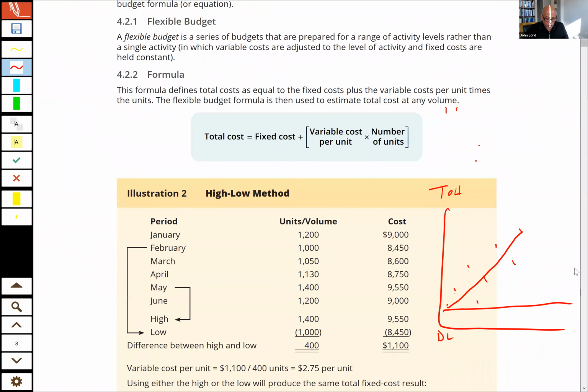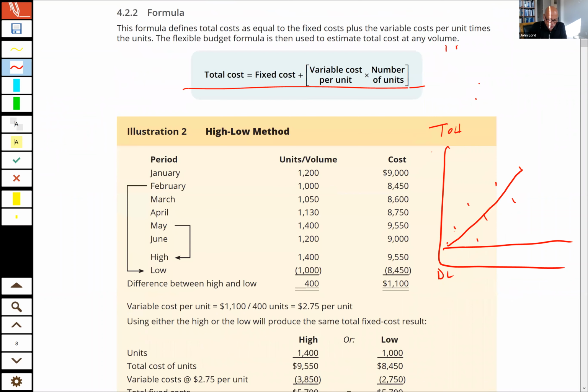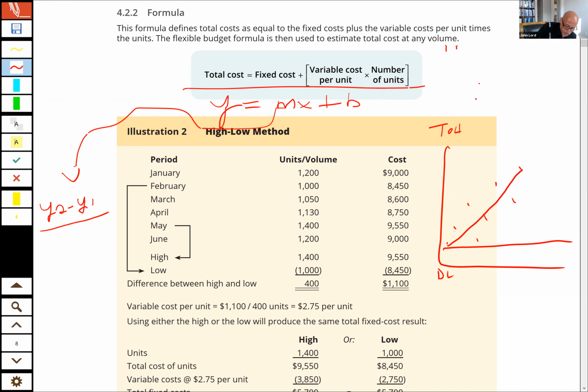Okay, so notice they give us the formula here. With the high-low method, this is not a formula that I think you need to memorize, because all it does is it's equivalent to y equals mx plus b. Now, you remember that m is y2 minus y1 divided by x2 minus x1.